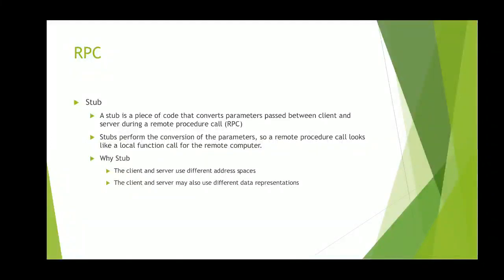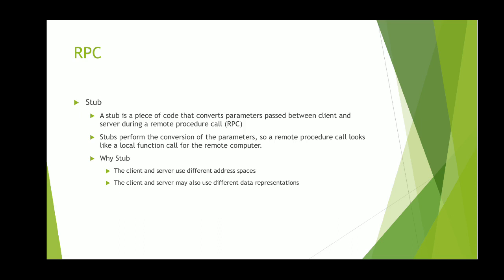Now we can look deeper into the client stub and server stub. A stub is a piece of code that converts parameters passed between client and server during a remote procedure call. It means that for a remote procedure call, we have to send some parameters, and the conversion or processing of these parameters is done by the client stub and server stub.